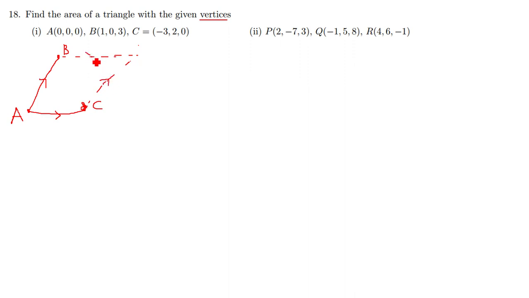Okay. And remember what I told you, when you want to find the area of a triangle, you can divide this into 2 parts. So half the area of the parallelogram gives you the area of a triangle.